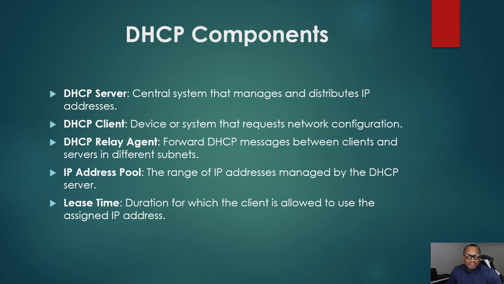We also have the IP address pool, which is the range of IP addresses managed by the DHCP server. We also have the lease time, which is the duration for which the client is allowed to use the assigned IP address. The lease process ensures that when the device is off the network, the IP address goes back to the DHCP server for usage for another device.